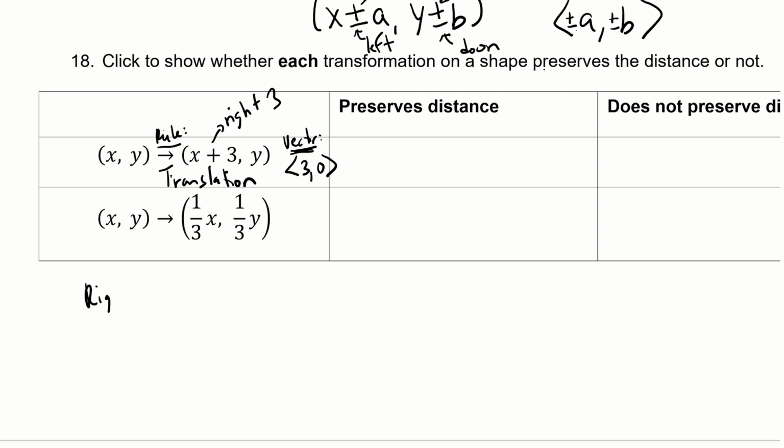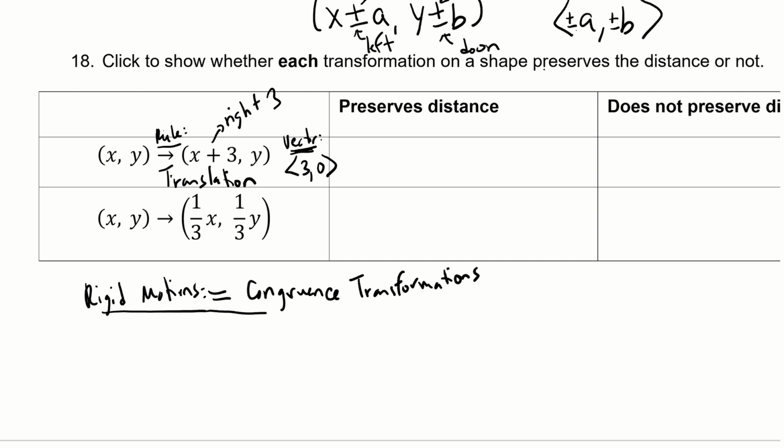Okay, you have 3 rigid motions, also known as congruence transformations. Congruence means congruent, meaning that they're the same, meaning that the preimage and the image are both congruent. So 3 different ones. You have translations, which simply move a figure across the page in some way.